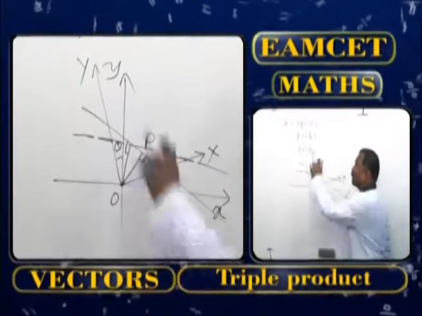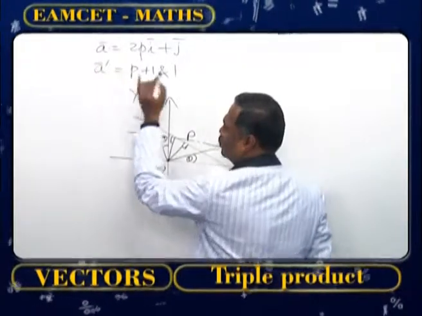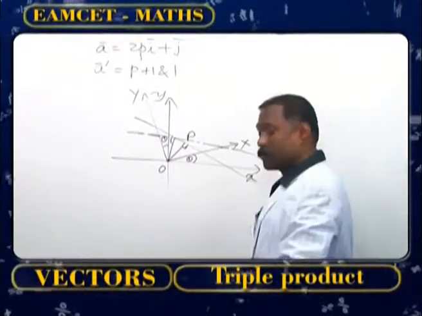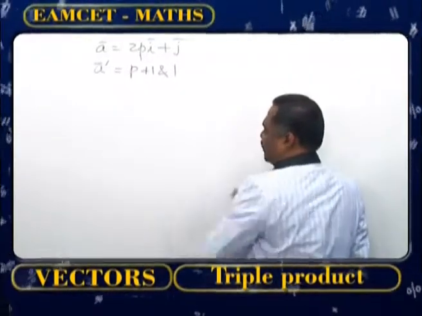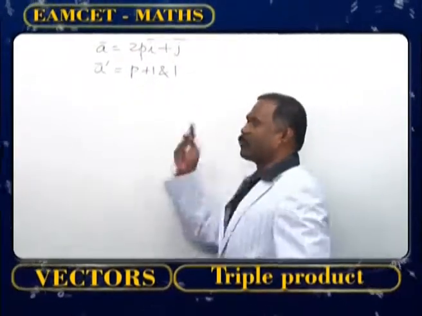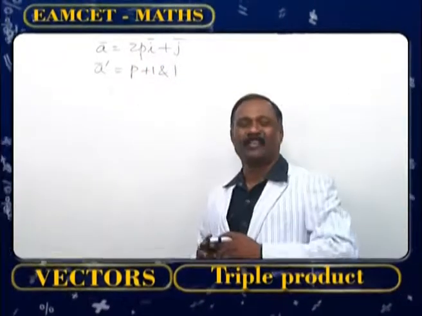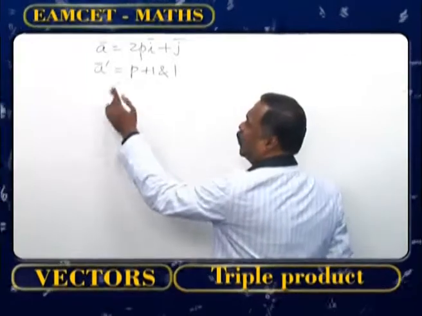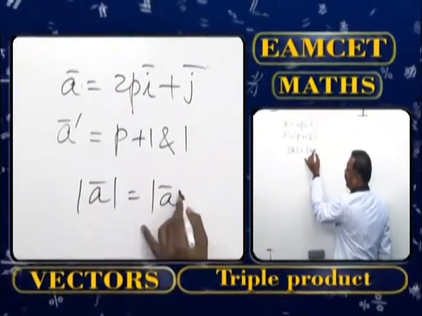So after the rotation, let us suppose here A bar dash is this one. So what happens here? When this rectangular coordinate system is rotated through some angle, its distance from the origin remains the same. So modulus of A bar is equal to modulus of A bar dash.